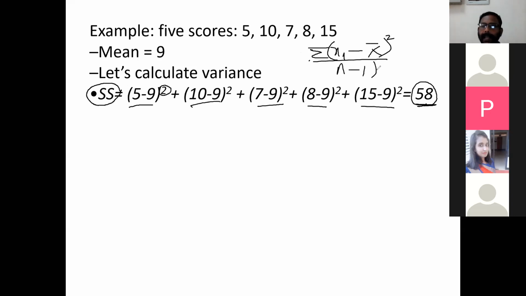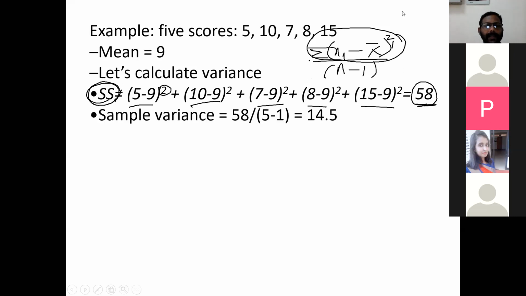Sum of squares. Exactly, this component is called the sums of square. Usually in statistics we write SS. If you see SS, it is sums of square. Now we need to calculate the second one, the degrees of freedom.